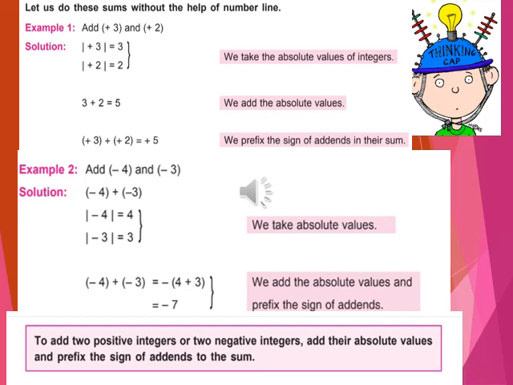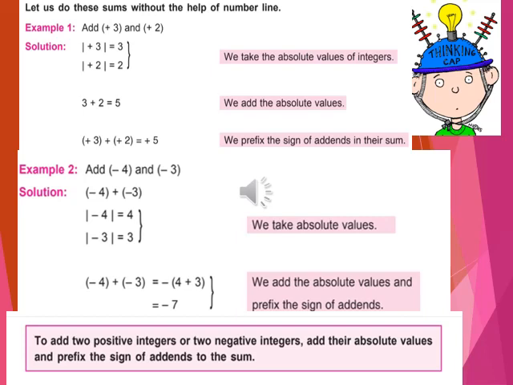See the second question. Here minus 4 and minus 3 we have to add. The absolute value of minus 4 equals 4 and the absolute value of minus 3 equals 3. So we take the absolute values. Minus 4 plus minus 3 equals minus into 4 plus 3. We take the minus sign common, and therefore we add the absolute values.